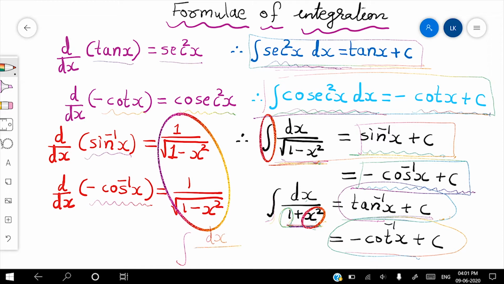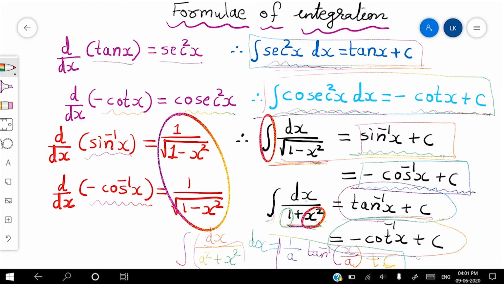Similarly, if you have given the integration dx upon a square plus x square. Find its answer. What it is? Try yourself. Yes, the answer is 1 upon a tan inverse x upon a plus c. Why it is this answer? If you want to check, then what should do? Correct. Find the derivative of right hand side.